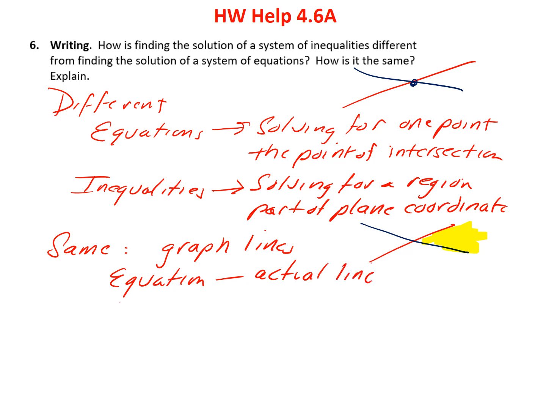But for the inequalities, you're graphing those boundary lines. And that's pretty much the same process. Although with the boundary lines, you have to check, is it going to be solid? Does it have the equal part of it, less than or equal, greater than or equal, or is it dotted because it doesn't? All right, hope that helped tonight.